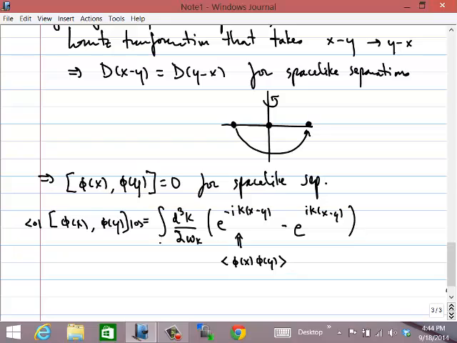Because the integral d3k over 2 omega k times e to the I k (x minus y) is precisely what we calculated for this vacuum expectation value of phi of x, phi of y. And then we just subtract off the vacuum expectation value of phi of y, phi of x.